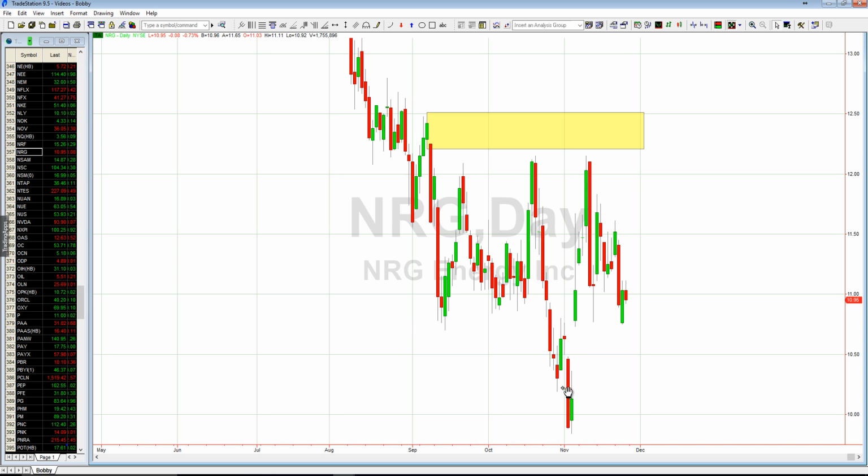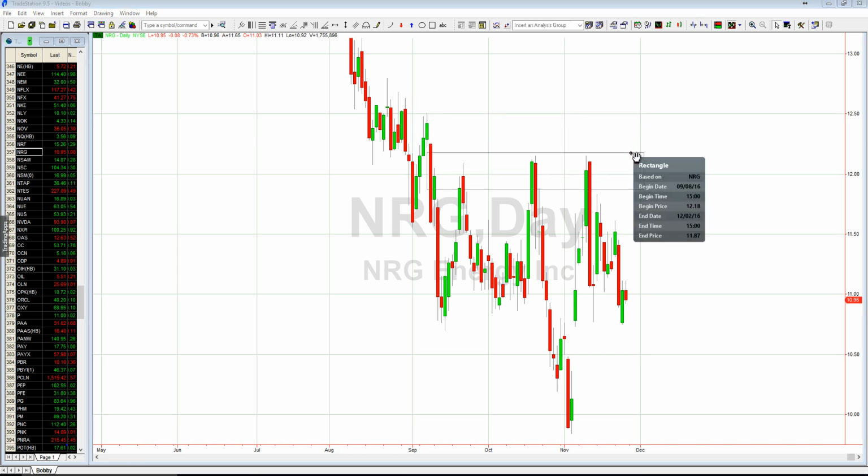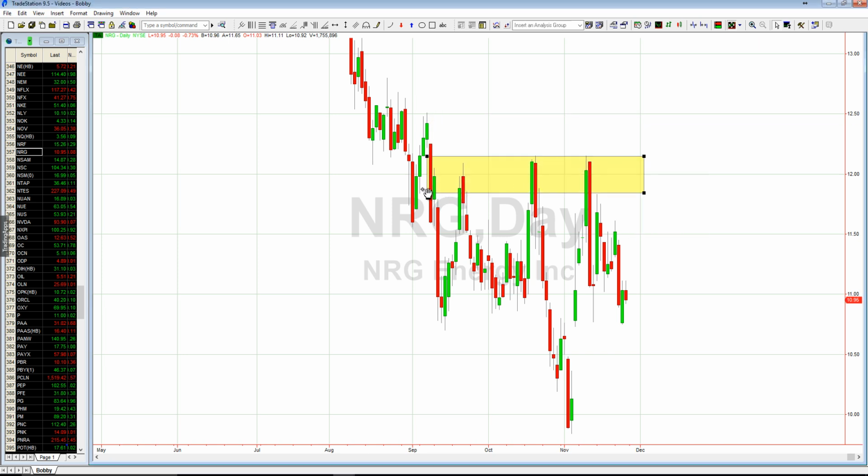So price came down and broke through, showing us that this area is a stronger area of supply. Okay, and as you can see, that one held right to the penny for a nice short trade there.